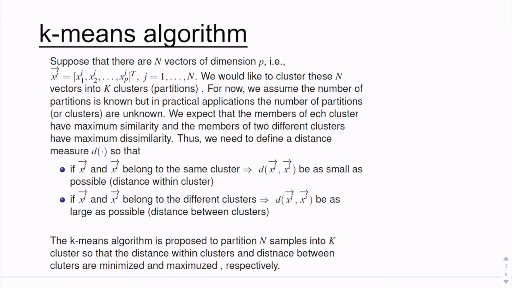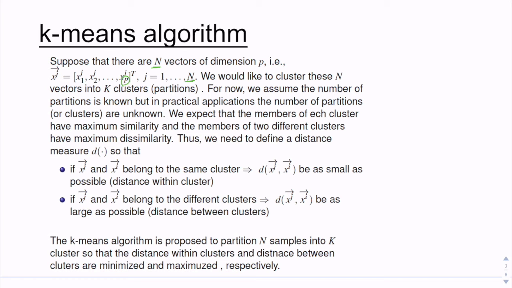Okay, so imagine you have n vectors, each vector has a dimension of p, and we would like to partition, we would like to assign each of these samples to a partition. This is called the k-means algorithm.